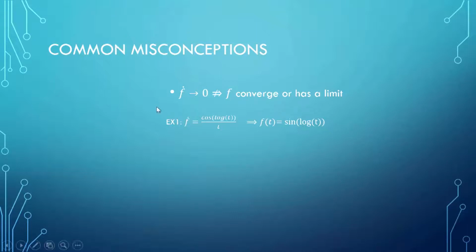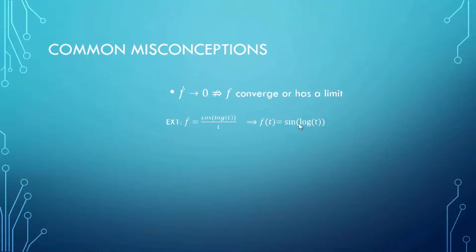Why? The counterexample is this. If x dot equals this, the solution f(t) will be sine of log t. So as t goes to infinity, the argument in the sine function will never reach a constant, right?